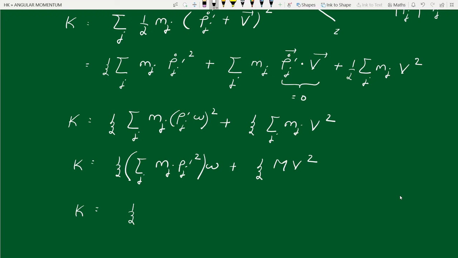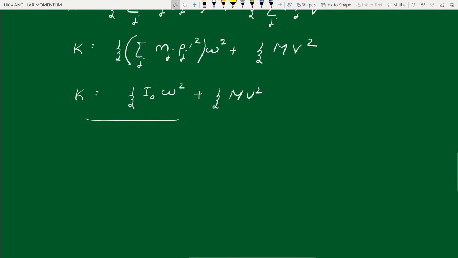Therefore we can write this as half I0 omega square plus half M v square. This is the expression for the kinetic energy of a body undergoing both translation and rotation. The first term gives the kinetic energy due to the rotation of the body around the axis passing through the center of mass, and the second term gives the kinetic energy due to the translation of the center of mass. Okay, so that is the meaning.